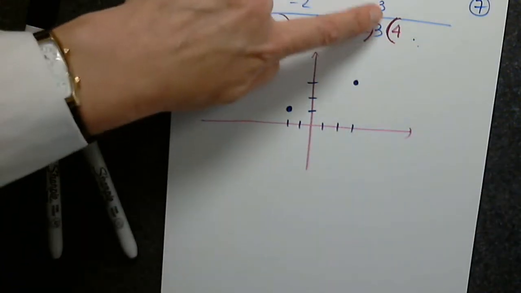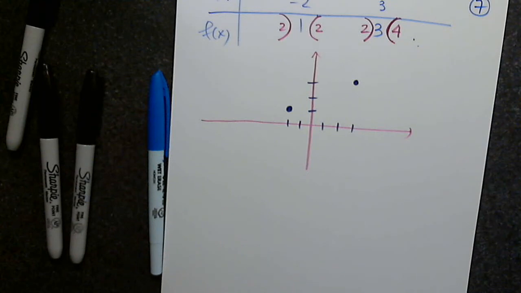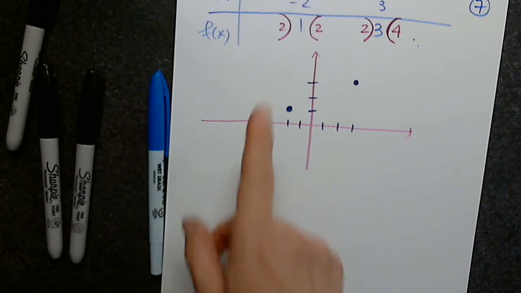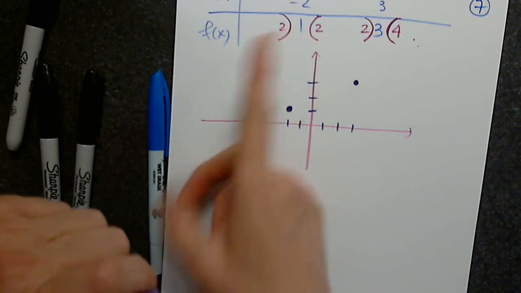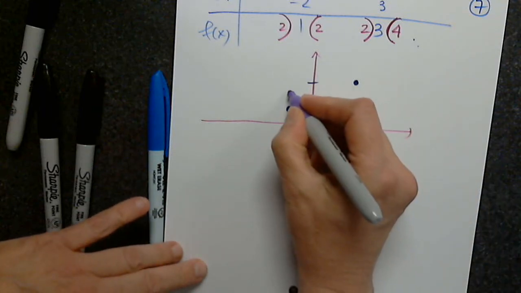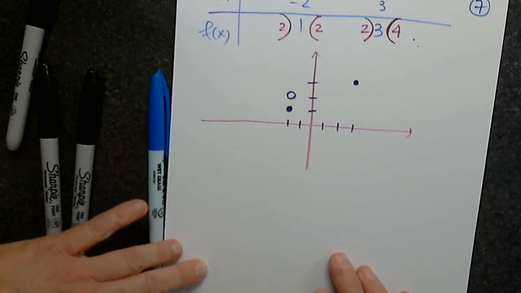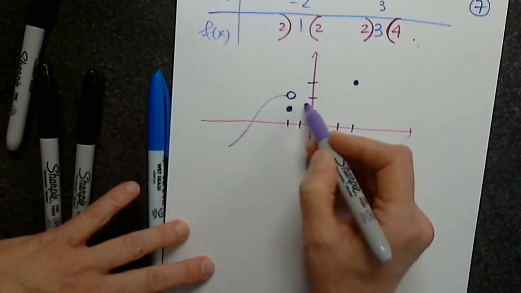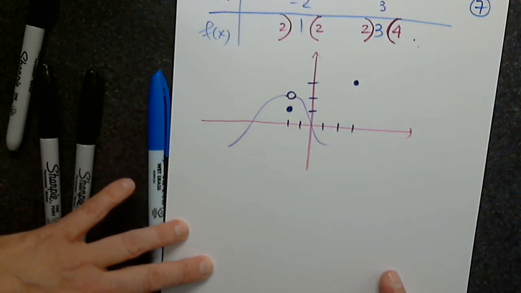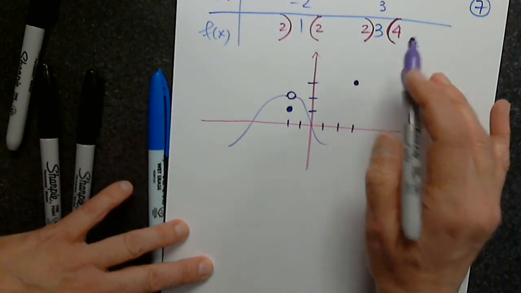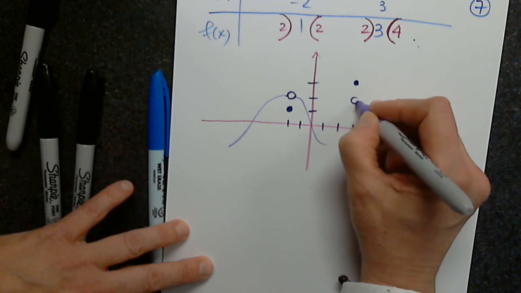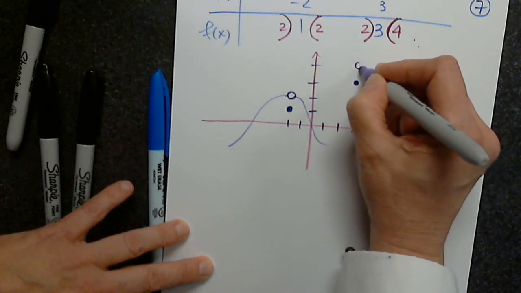So -2, 1, and 3, 3. And now, on the left-hand side and right-hand side is 2. Left and right is 2 and 4.